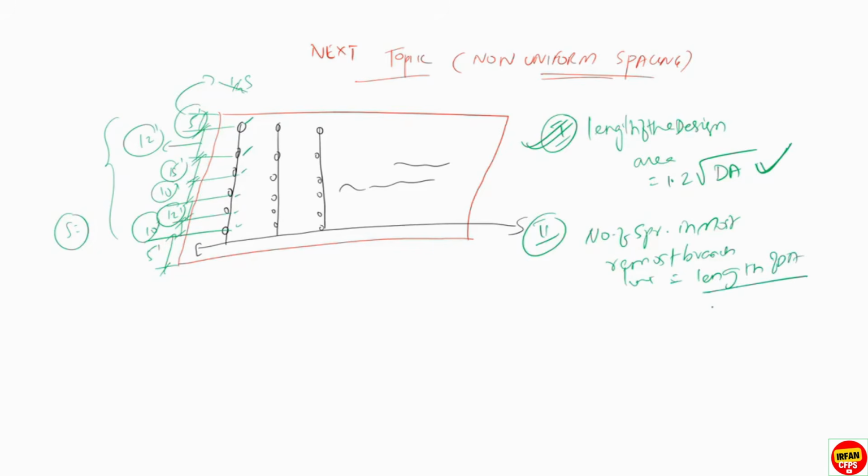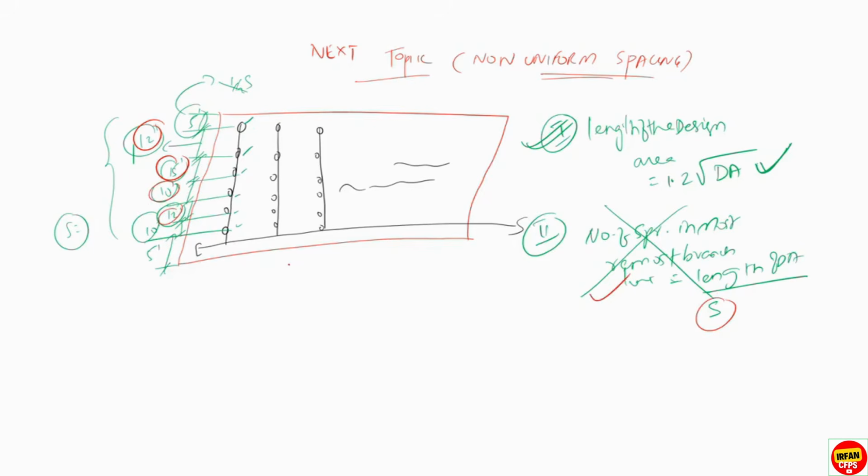Length of design area divided by S. But this formula never works if you have sprinkler spacing differently, or if your S is different. If S is the same, this formula is valid. If the S is different, then this formula cannot be used.